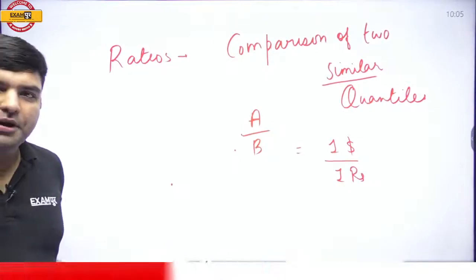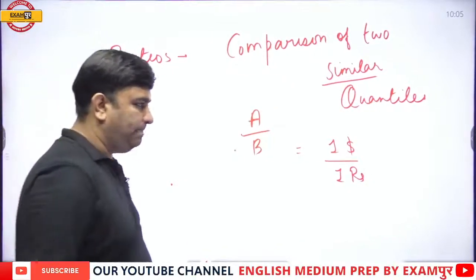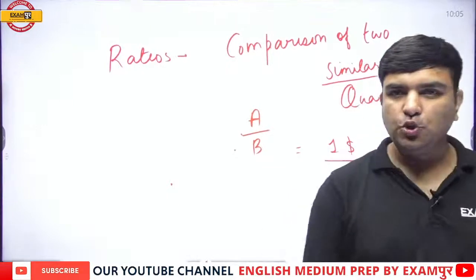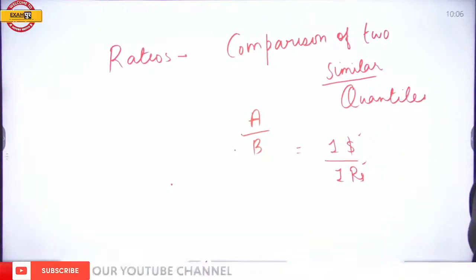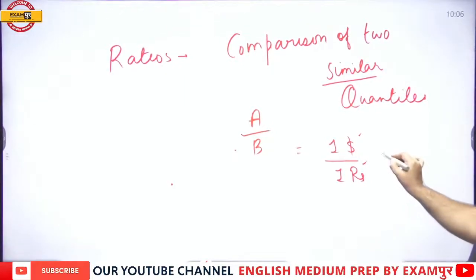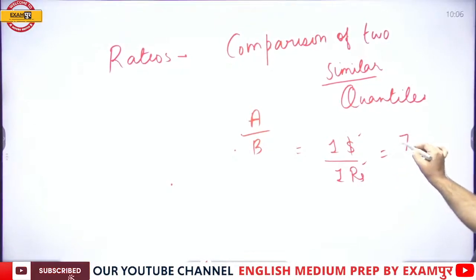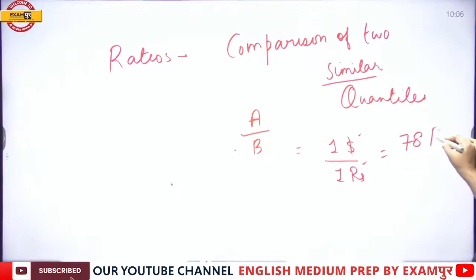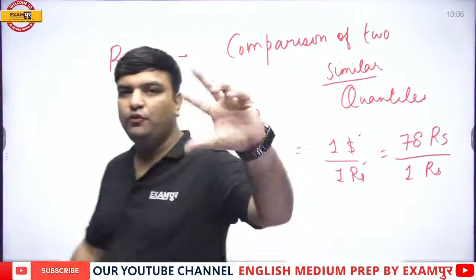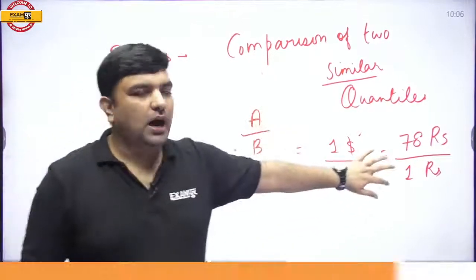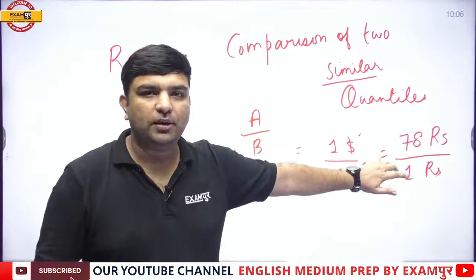If you give me 1:1, it's not correct, because their units are not the same. First, we need to convert them into the same unit. So convert dollar into rupees, rupees into rupees. Now it is a comparison of two similar quantities.